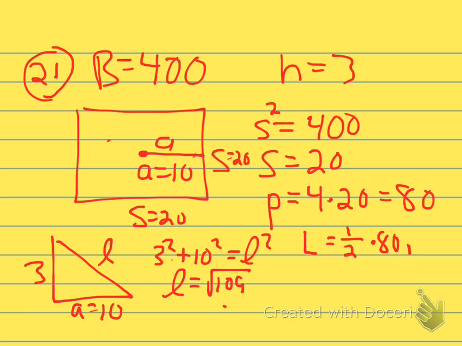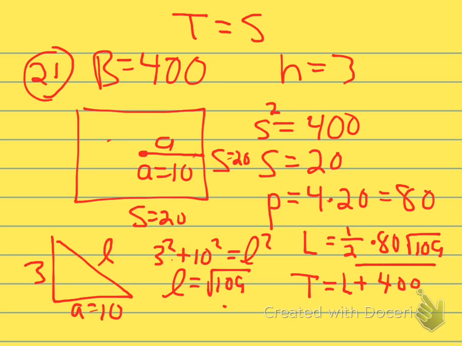So that would be the root 109 that we just figured. And the total surface area then is that lateral number plus 400, which is the area of the base. So if we do the math, we take 1/2 times 80 times root 109 and add 400 to it, we're going to get our answer here that the total surface area is 817.6.